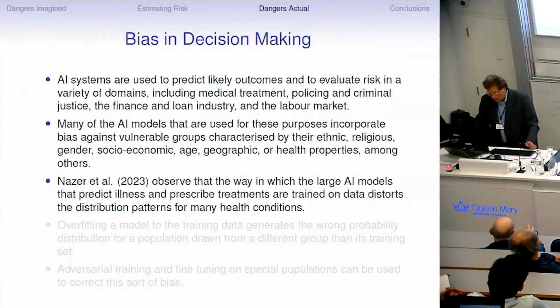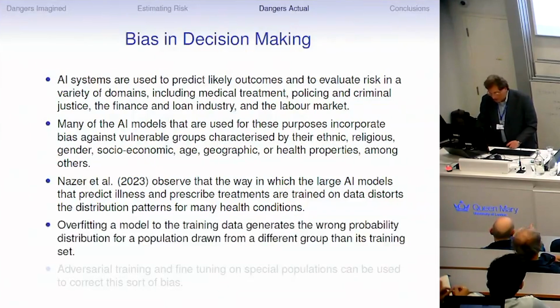There's been work on this. Nazar et al. did a study on predicting illness and prescribing treatment with an AI model and found that the data is widely distorted. The cause is that if you overfit a model to the training data that it's trained on, you'll get the wrong probability distribution for a population that falls outside that particular group, the training group. Two examples.